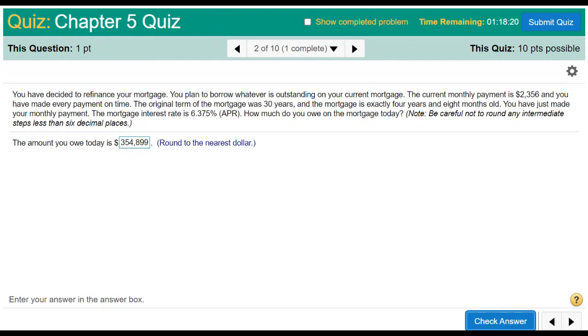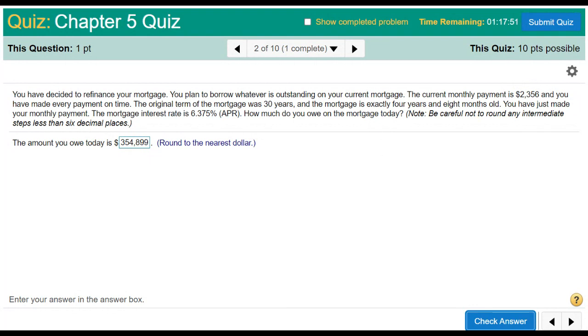We subtract 56 from 360, which is 304, and they gave us the payment, so we don't need to calculate that. Now all we have to do is see how much we owe. We have 304 months left.